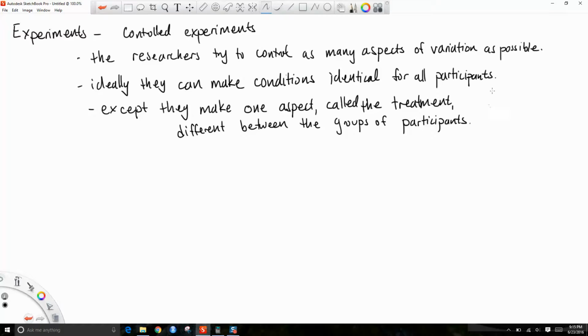Okay, and so we might call one group the control group versus the treatment group. But again, everything else about these groups is identical, in an ideal situation.